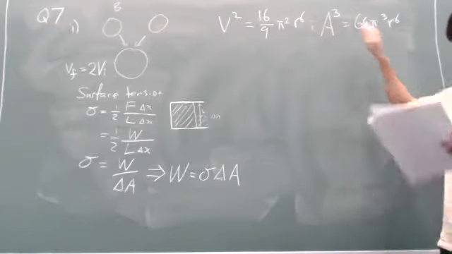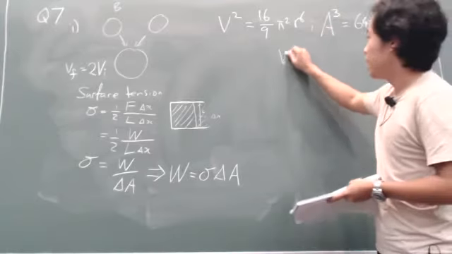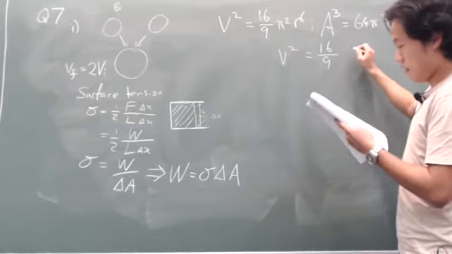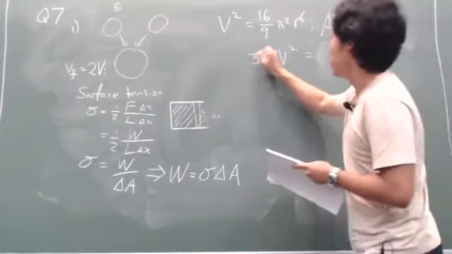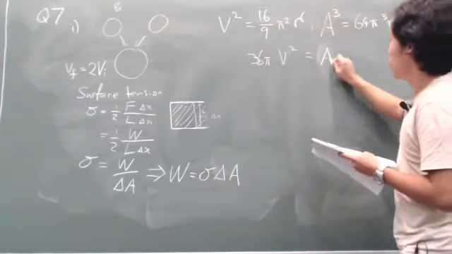So you can combine these two and write an expression to express volume in terms of area. Oh, sorry, not 16. 36 pi V squared is equal to area cubed.